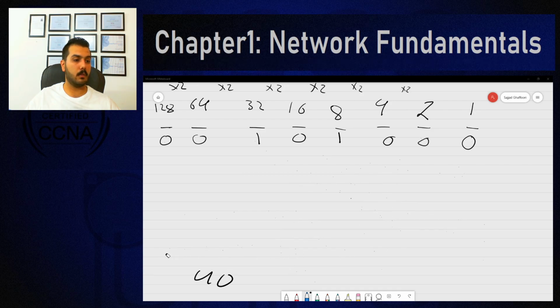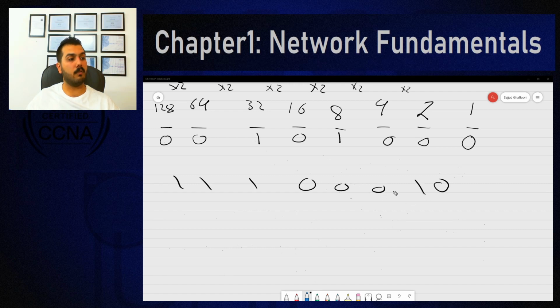Okay, let's take one larger number, or let's take it vice versa. Let us randomly have 1, 1, 1, 0, 0, 0, 1, 0. Let's convert this number to a decimal number.